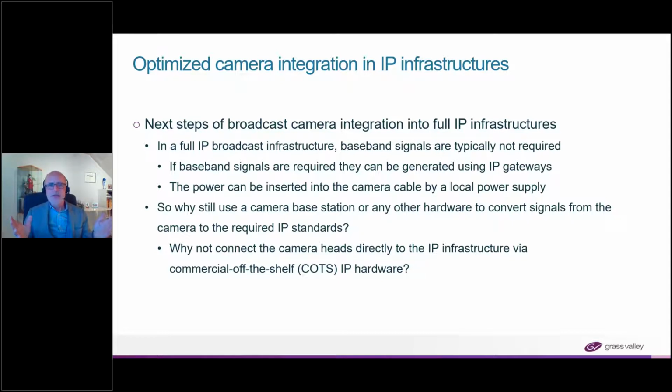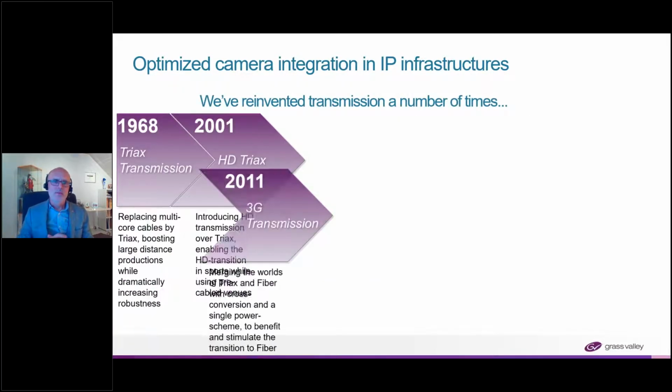So then the question is, why still use a camera base station on the receiving side, or any other hardware to convert the signals coming from the camera back to the signals required in the production? Why don't you stay at IP? Why not use off-the-shelf hardware to connect the camera to the IP infrastructure and have no dedicated camera hardware? And this is what we did now.